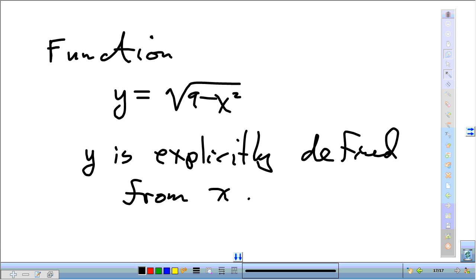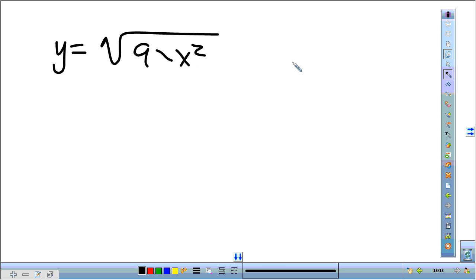So we can explicitly, given an x, find the y. But y equals square root of 9 minus x squared.